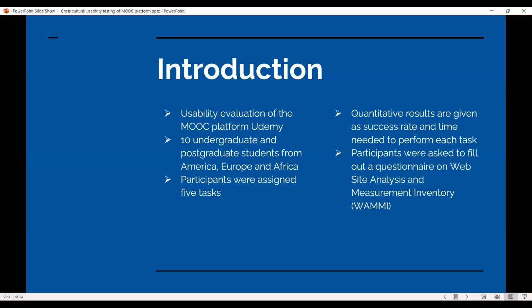So we are able to perform the cross-cultural usability testing. Participants were assigned 5 tasks, and those tasks were measured, and we got the quantitative results as success rate and time needed to perform each task. And in the end, participants were asked to fill a WAMMI questionnaire, which is a website analysis and measurement inventory.